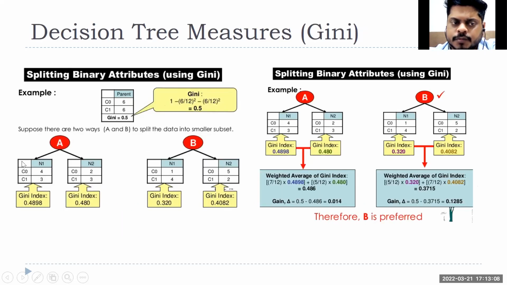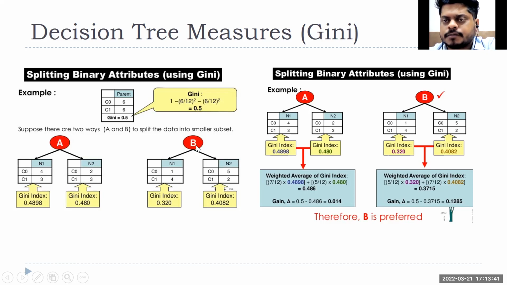For this node, C0 is 4, the number of people not creating an account with me, divided by the total number of customers for this node, 7. That gives me a Gini index of 0.4898. Similarly, I'll calculate for the other node: 1 minus (2 by 5) square minus (3 by 5) square. That gives me 0.480.